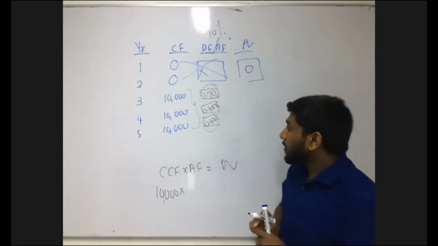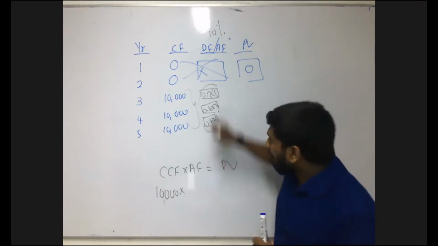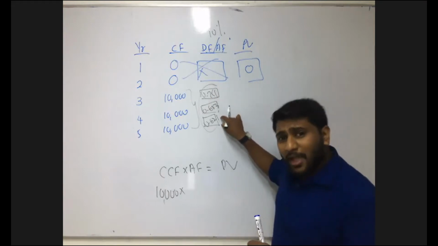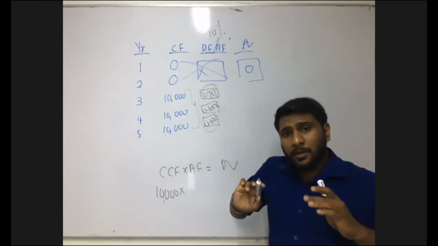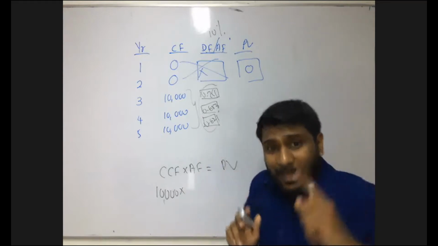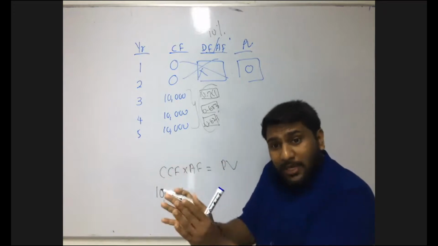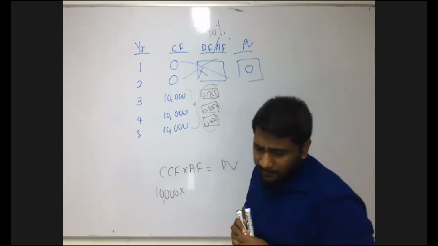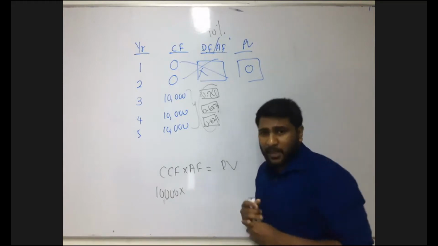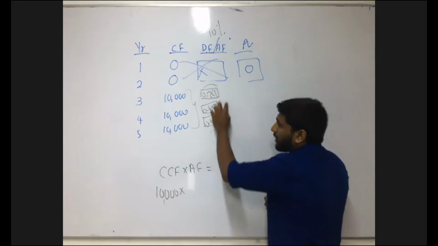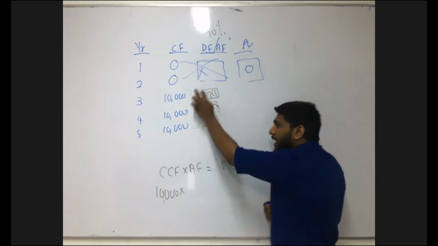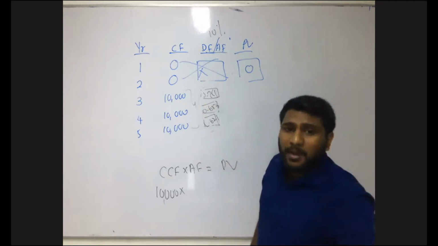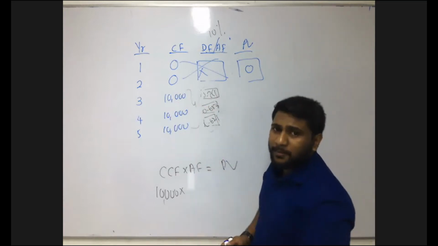Okay, guys? Then how to get the addition of the discounting factors of 3, 4, and 5? There is a way: by solely using the annuity table, without using the discounting factor table or present value table.